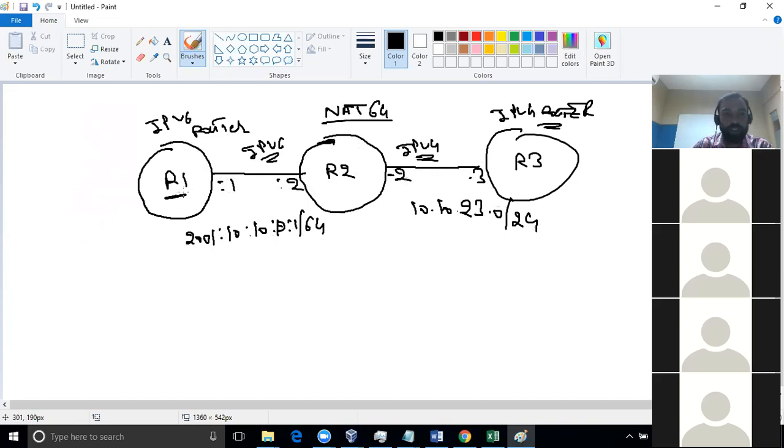So first question is, if the IPv6 router wants to send traffic to IPv4, what will be the destination from router 1 perspective? So let's say the source is 2001:10.10.12::1. So this wants to communicate to this IP address 23.3.